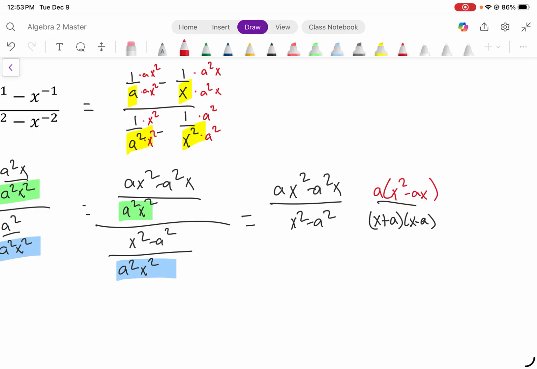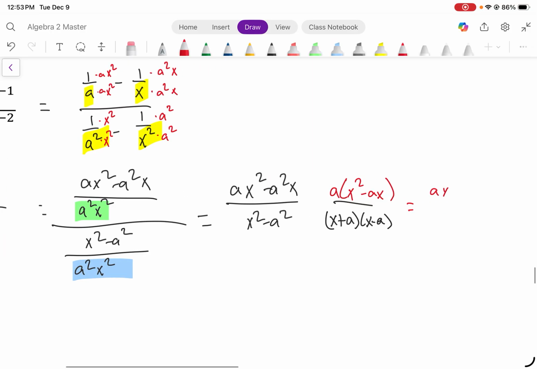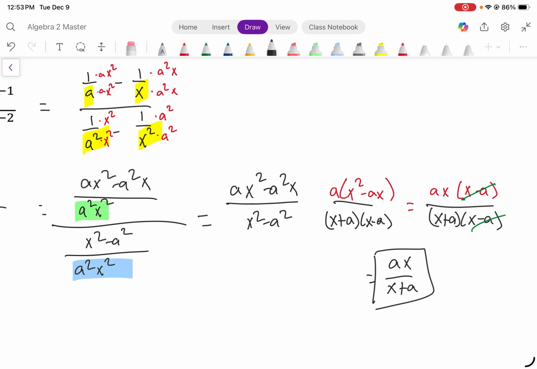Well, similarly, they also both have an x, so I could factor out actually an ax to be left with x minus a on the top. So on the bottom, I have an x plus a times an x minus a. The x minus a's cancel, and I'm left with just ax over x plus a.